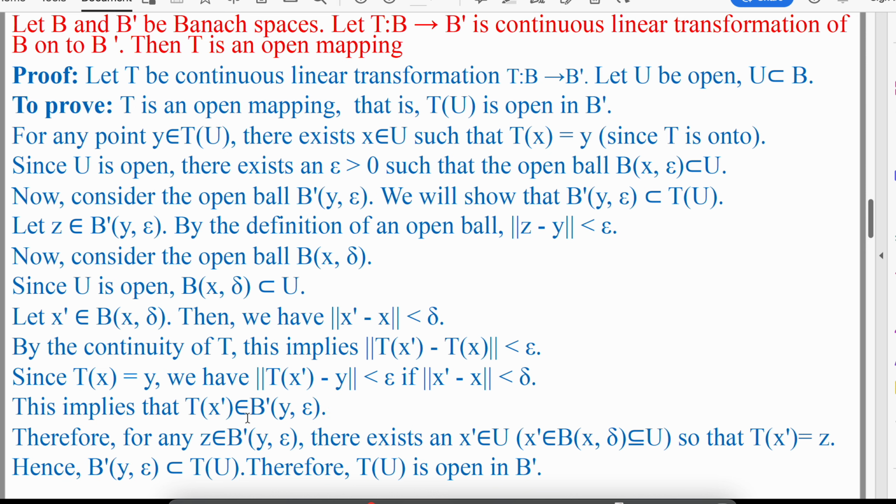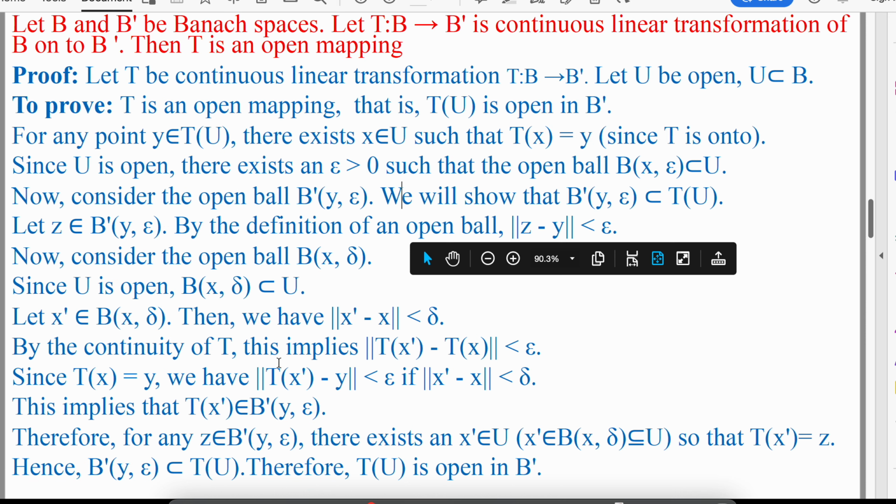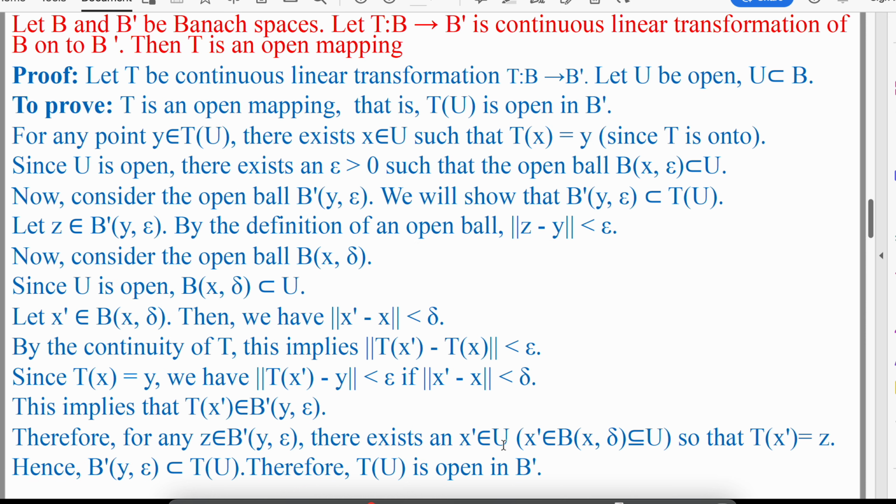It means for any Z belonging to the open ball centered at Y and radius epsilon, there exists an X dash belonging to the open ball centered at X and radius delta, which is a subset of U, so that Tx dash equals Z. This Tx dash, the image of X dash under T, is equal to Z.